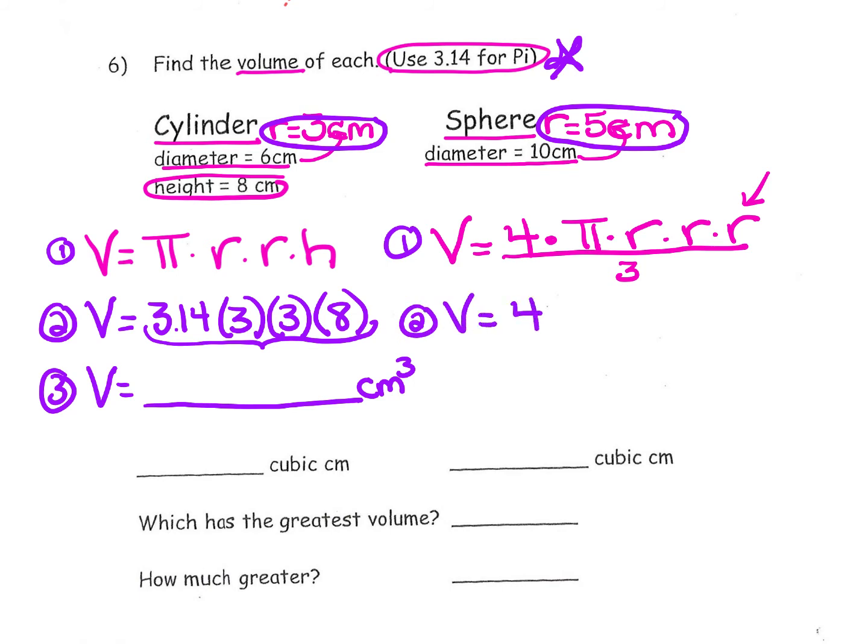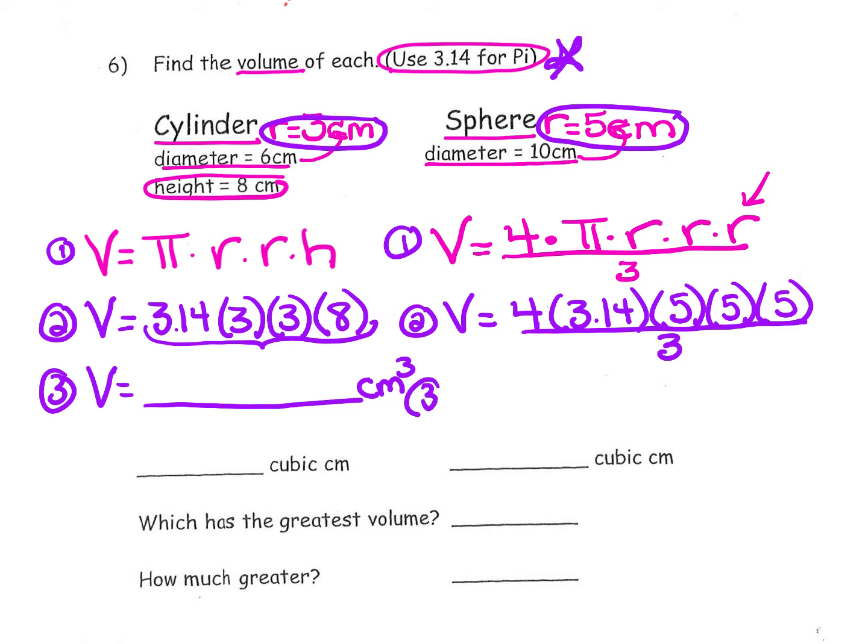You're going to take 4 times pi, 3.14, times a radius of 5, times a radius of 5, times a radius of 5, and divide the entire thing by 3. In a moment, when you pause your video, you're also going to calculate the volume of the sphere. Now pause your video and use your calculator to figure out the volume of each. Right now, please.